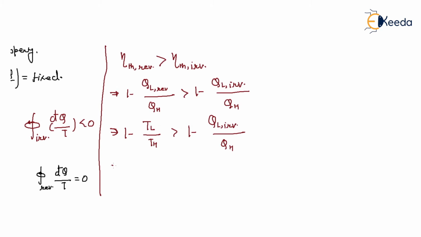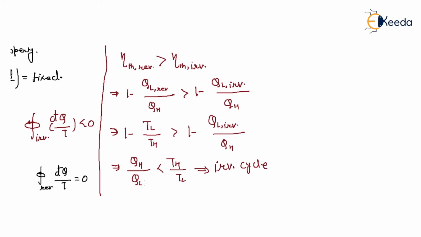If we write it like that, QH by QL is less than TH by TL for an irreversible cycle.